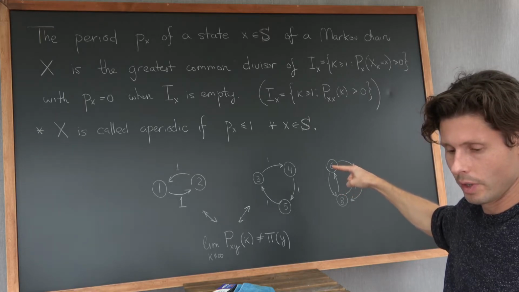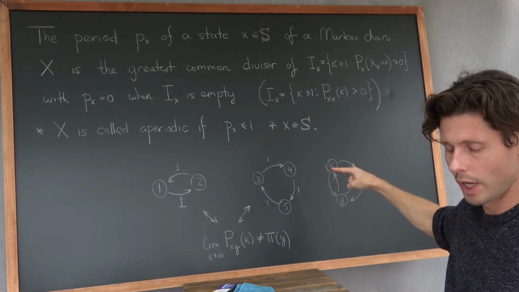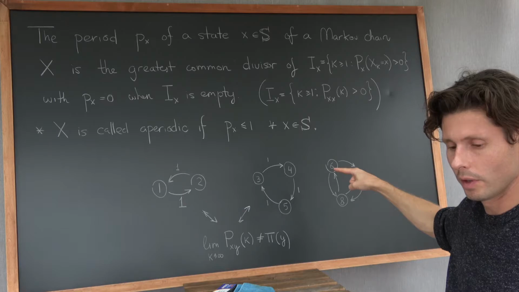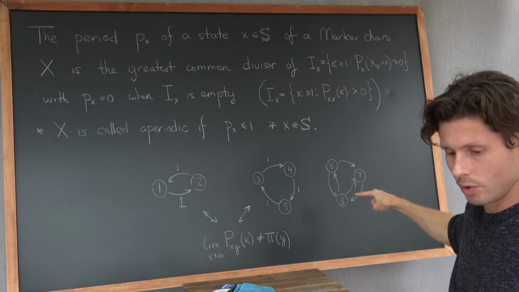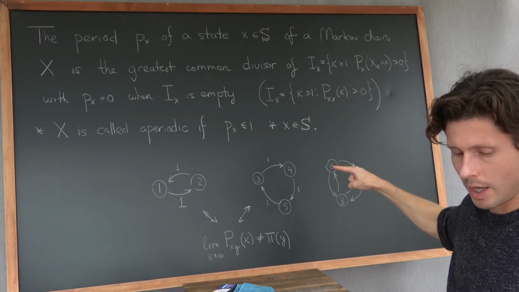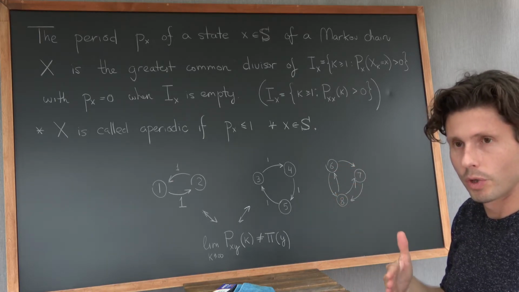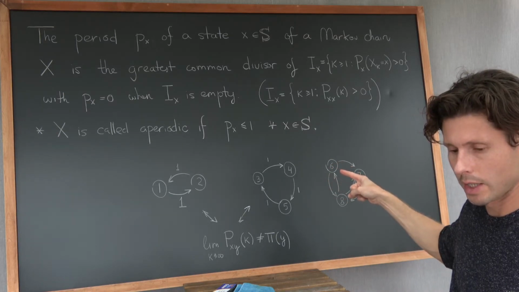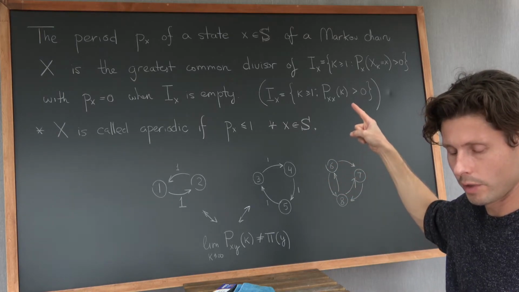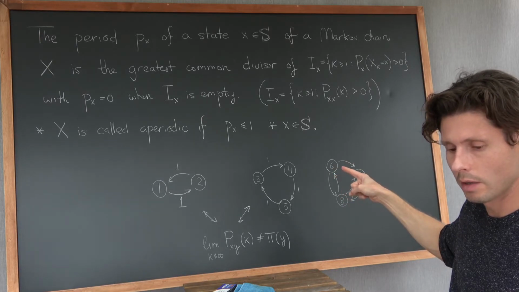And so this one has a return time of positive probability of 2. Then you can go 1, 2, 3, and so now I've already written down the numbers 2 and 3 in the set I6, right? I6 is this list of numbers for state 6 for this chain here.